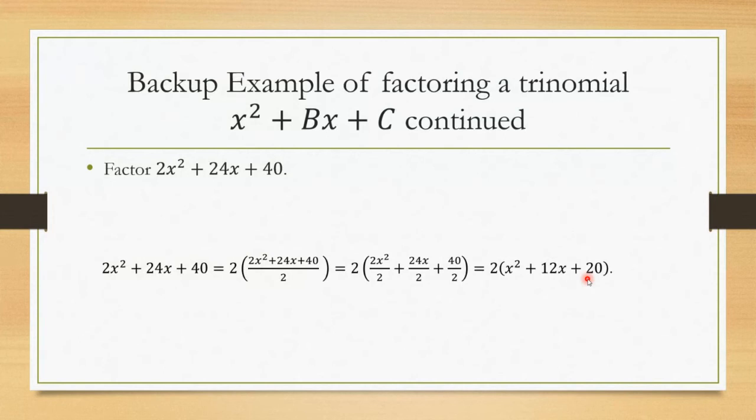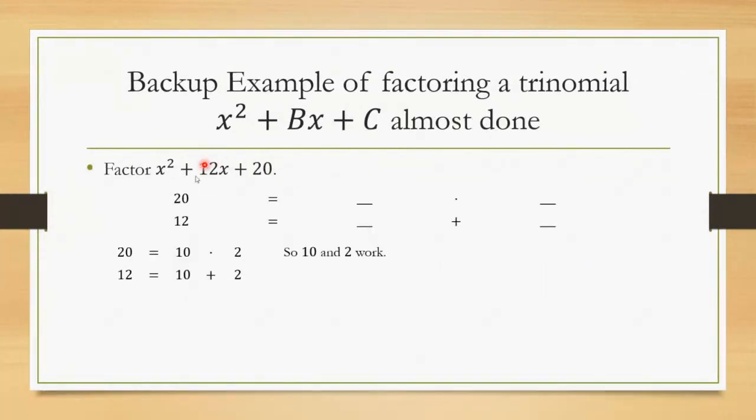Okay. That's okay. But now we have to factor. So we did factor out 2, but notice now we have this, and we can factor what's in parentheses, because we have 3 terms, degree 2, and the leading coefficient is 1. So if we want to factor this, again, we need 2 numbers whose product is 20 and whose sum is 12.